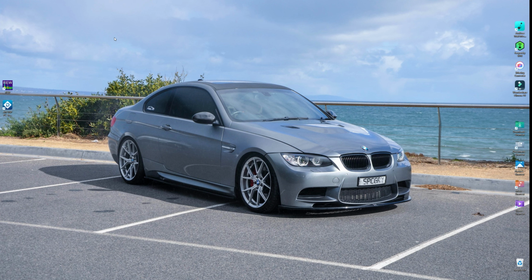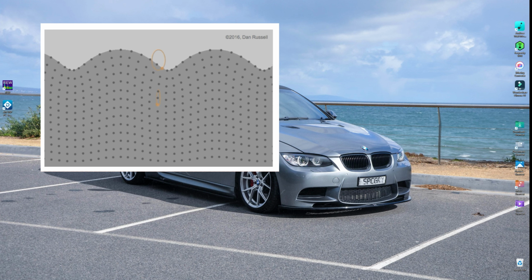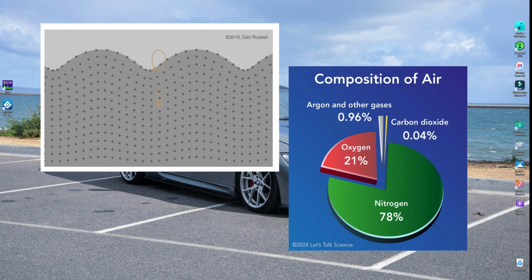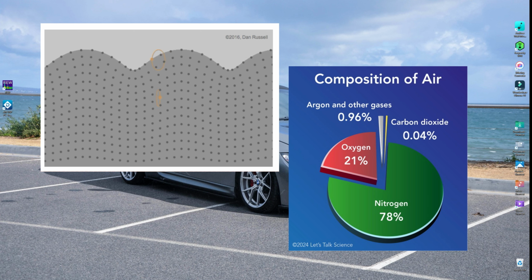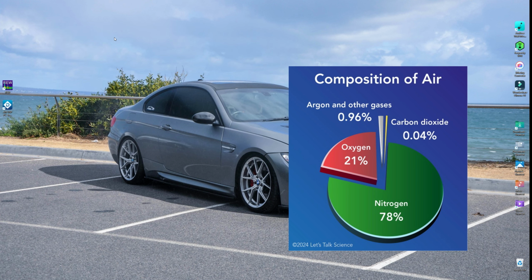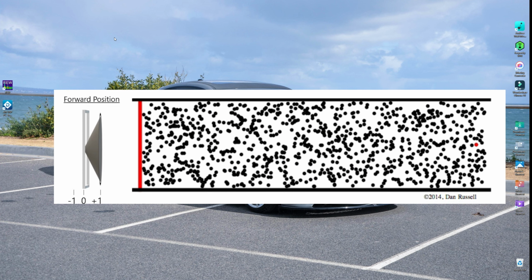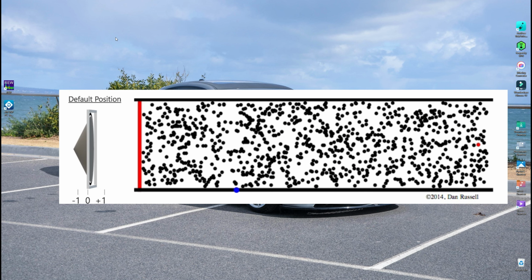So air is not just empty space, it's not a void. It is actually made up of molecules of gas: 78% nitrogen, 21% oxygen, 0.04% carbon dioxide, and about 1% everything else, including water vapor. So these gas molecules are pushed and pulled by the speaker cone to form pressure waves.